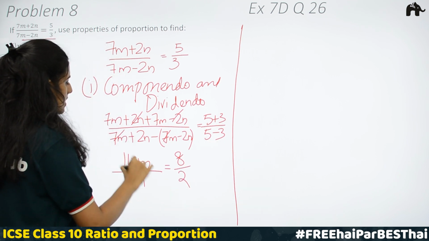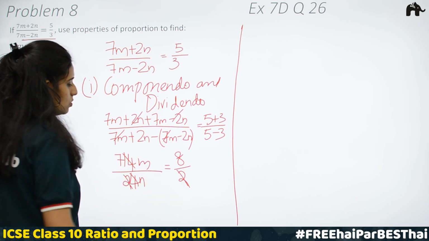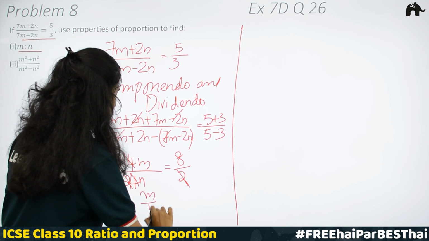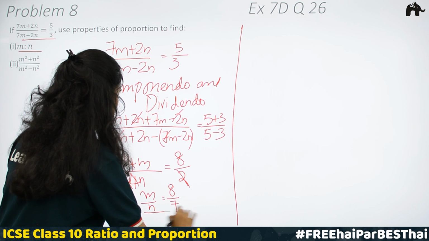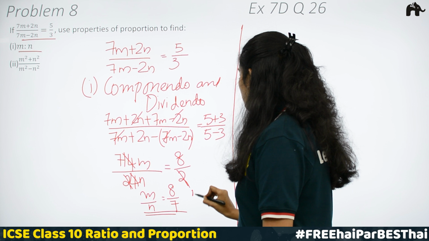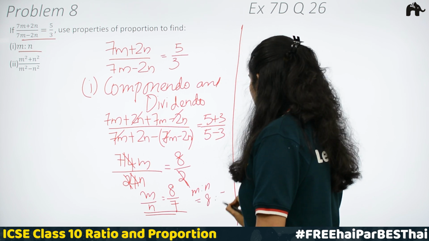Okay, this becomes 7m by 2n. This 2 and this 2 can be cancelled. Then m by n is equal to 8 divided by 7. This is your answer for the first question. That is, m is to n is equal to 8 is to 7.